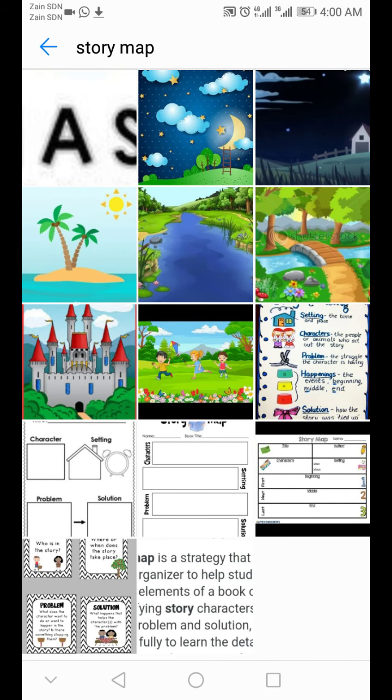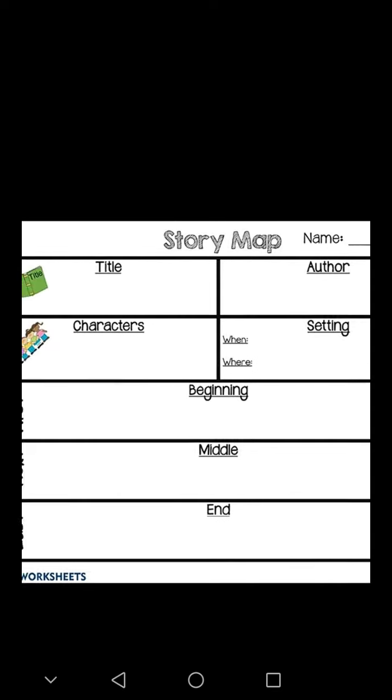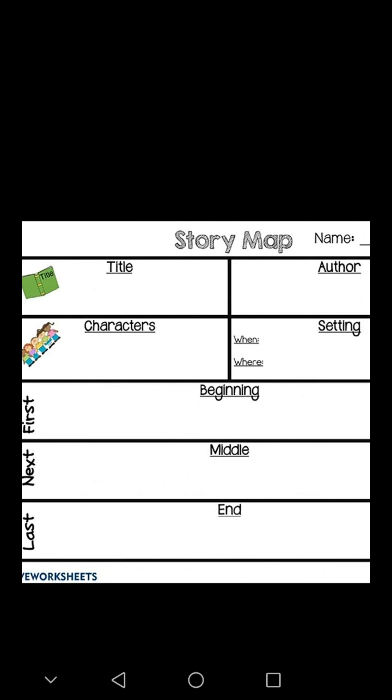Let's see different shapes of a story map. Look at this shape of a story map. This is the first shape. Here we have the title first, then the author.